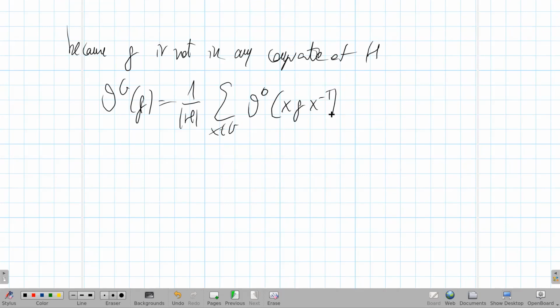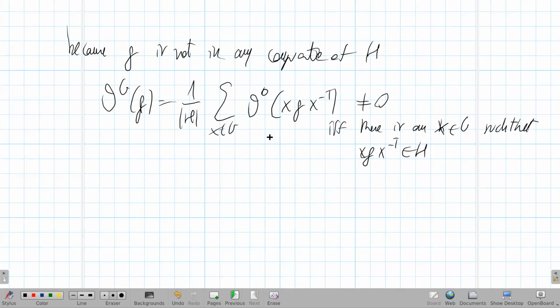This can be non-zero if and only if there is an x in G such that x g x inverse is in H, because theta naught is 0 outside H. And of course, this means that g is in the conjugate of H via x.